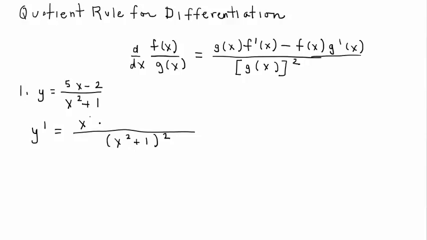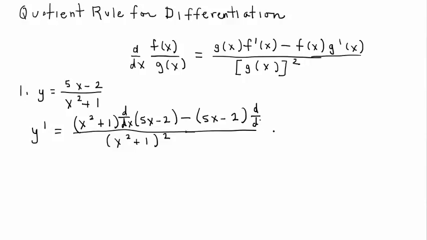And I know some of you are thinking, I know the derivative of the numerator is 5. Well, go ahead and write that down. You don't have to do the whole setup. Minus the numerator left alone times the derivative of the denominator. For the structure, we're writing everything down.